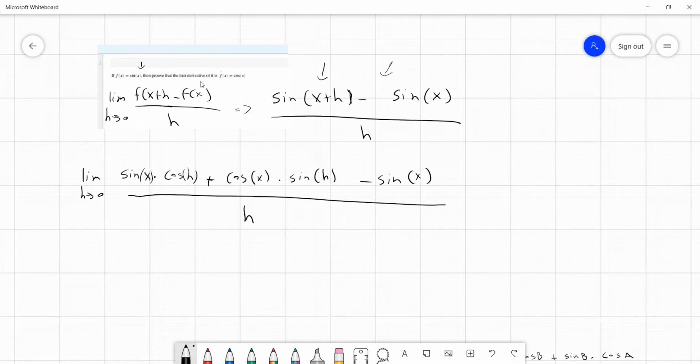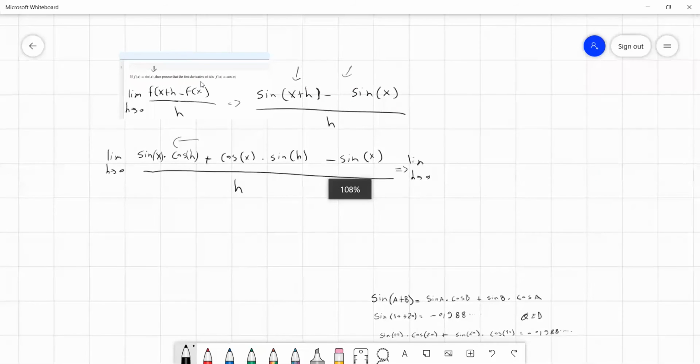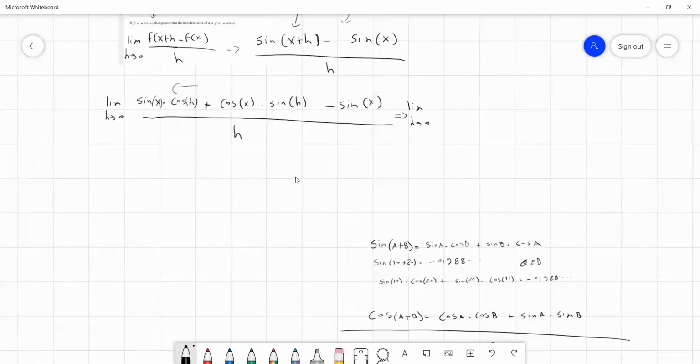So what I notice is that I can factor out sine x. So how would I factor out sine x? Let's just write the limit as h approaches 0. If you factor out sine x from here, you would get sine x times, let's put a parenthesis over here, cosine h.